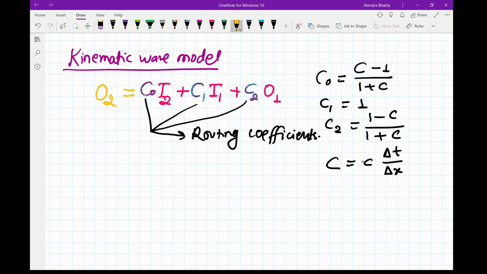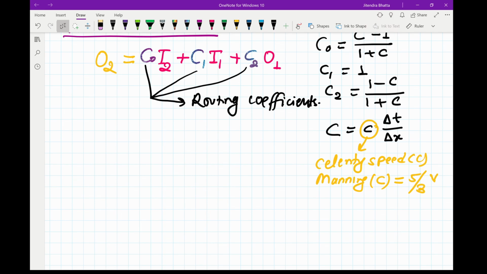Now small c here is known as celerity speed, and in the Manning's equation c is equal to 5 by 3 velocity v. Now this is for a wide channel.